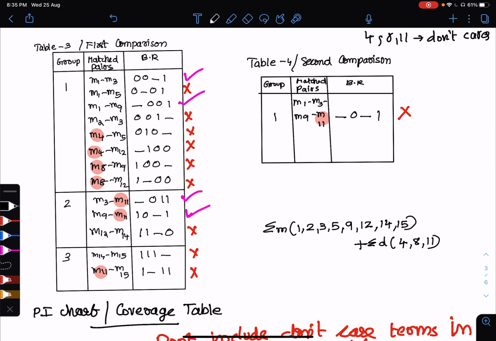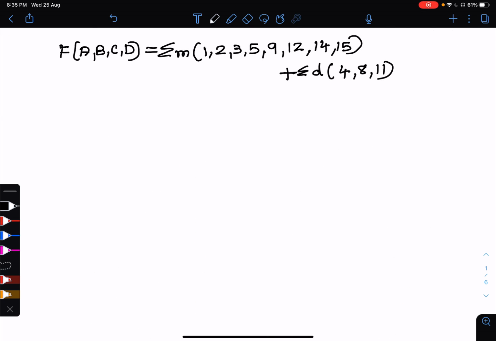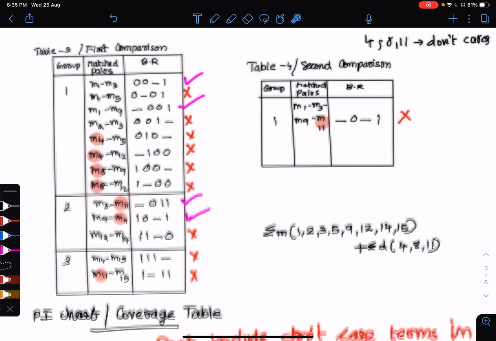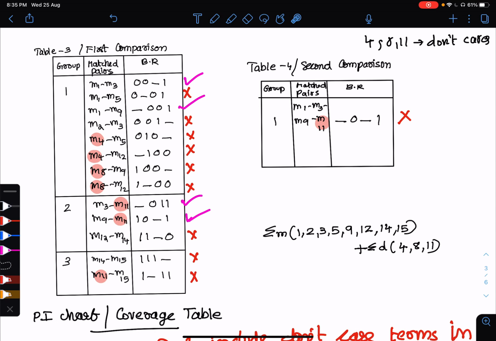So M1 and M5 is unchecked. Its binary representation is 0-01. Compare it with ABCD, as our function input is ABCD. So compare the 0-01 with our function input.